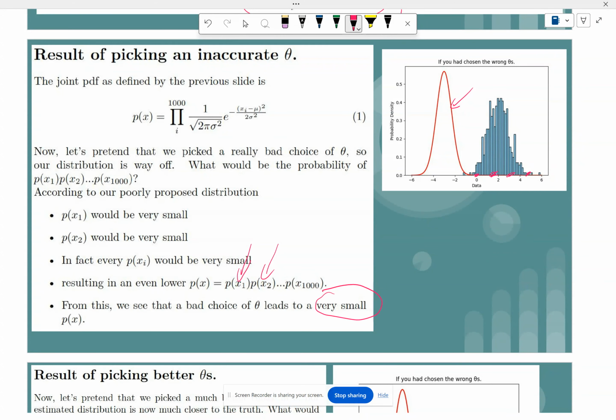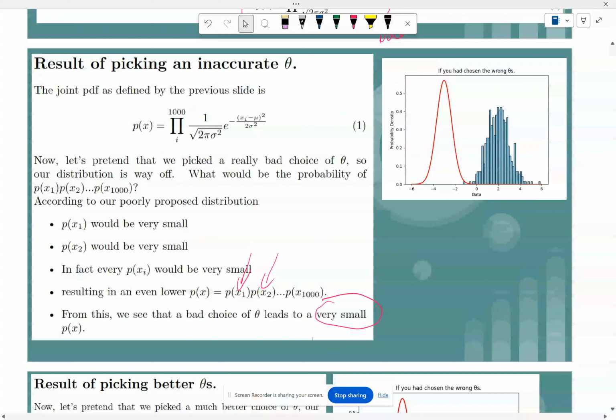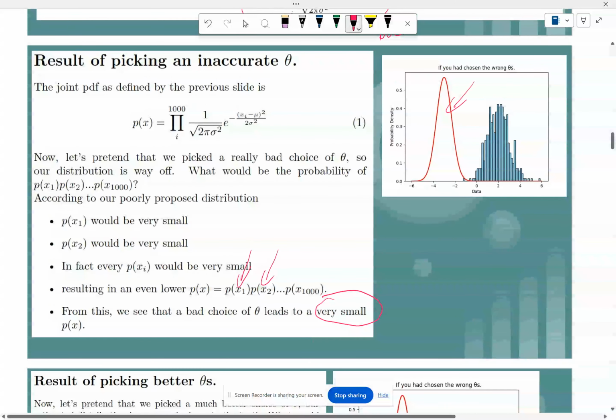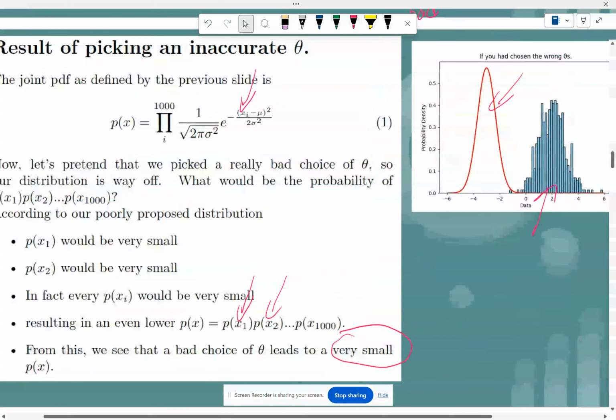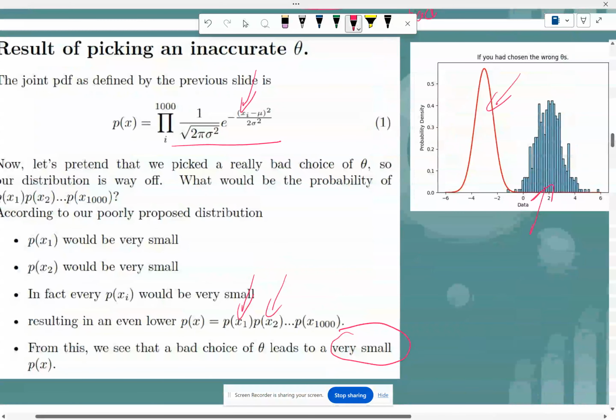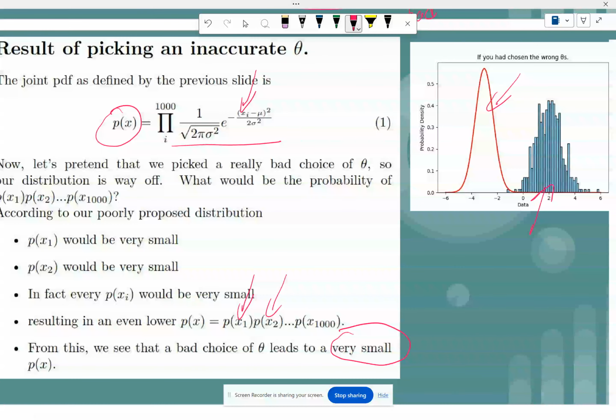So if we made a bad guess on the distribution, this is what's going to happen, right? You're going to have a very, very small joint likelihood. If you made a bad guess of mu, and you start plugging every single x in here, and then you have to multiply the probability of every one of them, the resulting probability is going to be tiny.